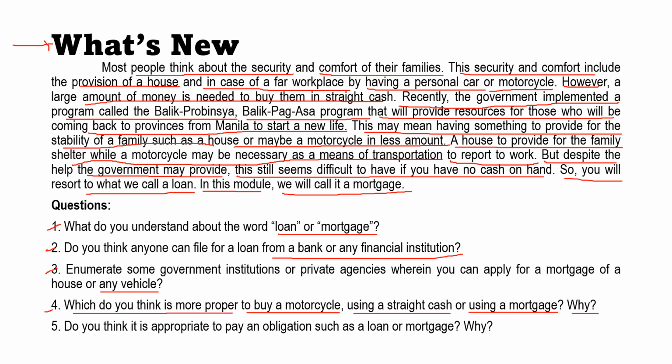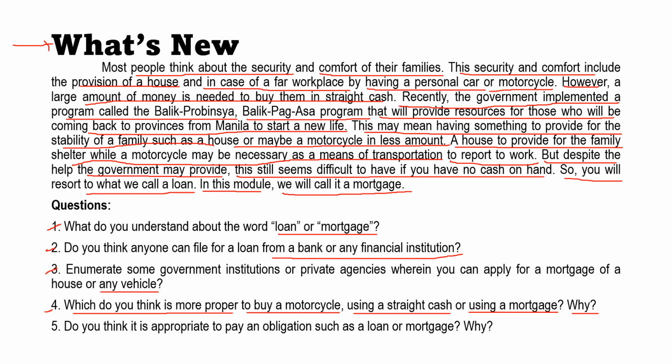There are some cases where it is better to buy a motorcycle with a straight payment than using a mortgage. But there are some scenarios wherein it is good to deal with what we call a mortgage, because we can use our money for some expansion, or even build a new business wherein we can earn more money, and we can pay our periodic payment for the motorcycle that we want to buy.